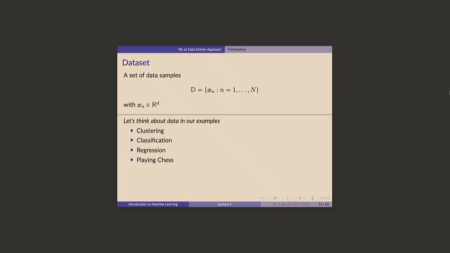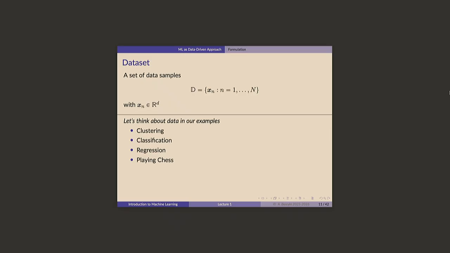Now, you can try to think about clustering, classification, regression, playing chess, all of them that we have, right? So, for example, in the clustering one, in this guy, these are the samples, right? And all of them together just make the data set, right?